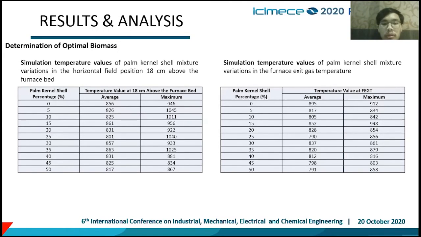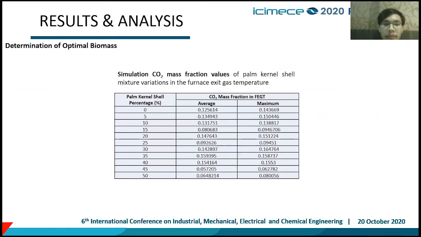So you can see from the table that by adding more percentage of palm kernel shell, it will decrease the temperature value at 18 centimeters above the furnace bed, and also the temperature value at FEGT. And then the last one, we simulate the carbon dioxide mass fraction values. The result, as you can see in the table.